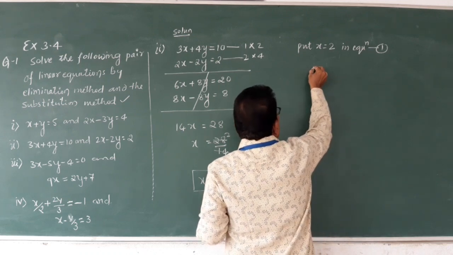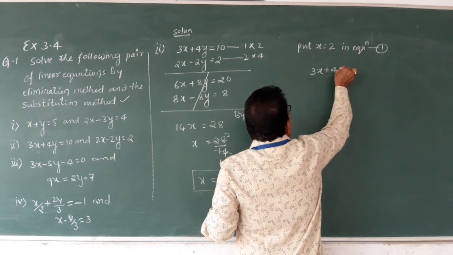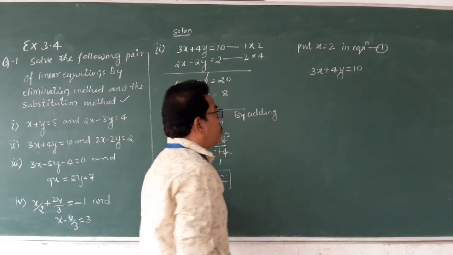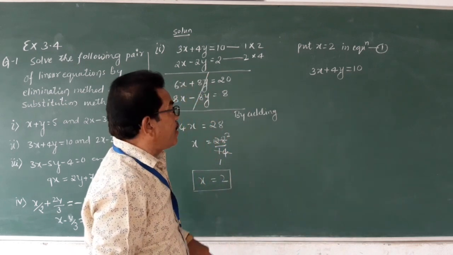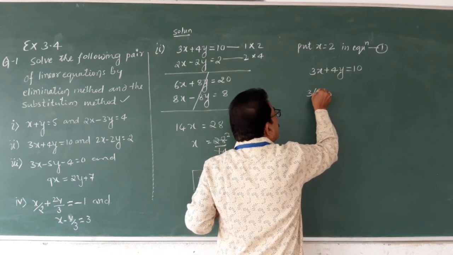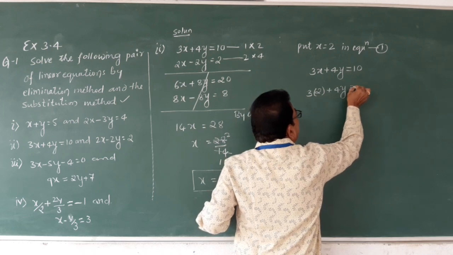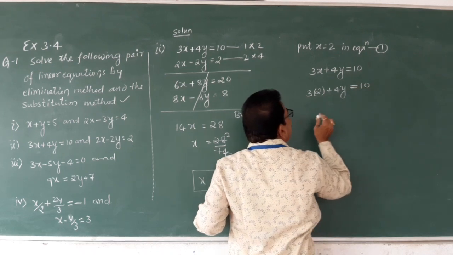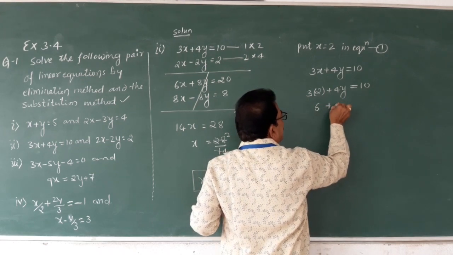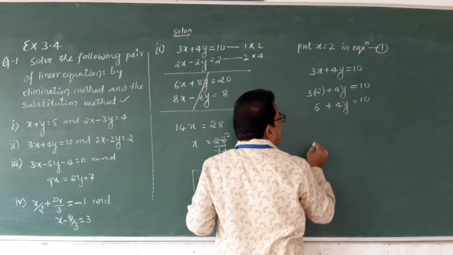Okay, what is equation 1? 3x plus 4y equals to 10. 3x means 3 into 2 plus 4y equals to 10. 3 2s are 6 plus 4y equals to 10.